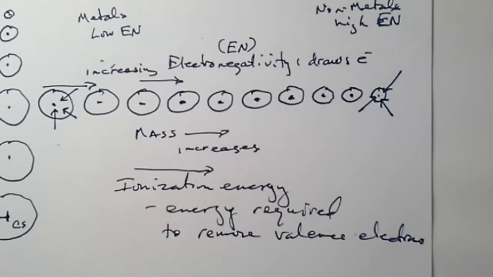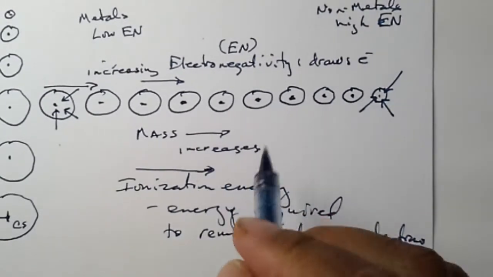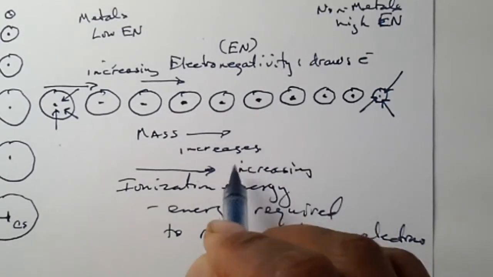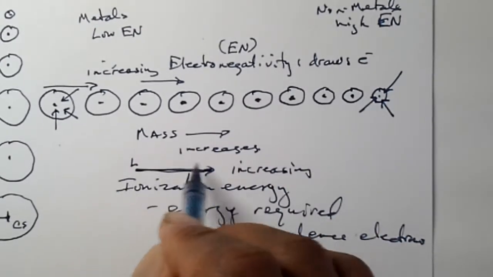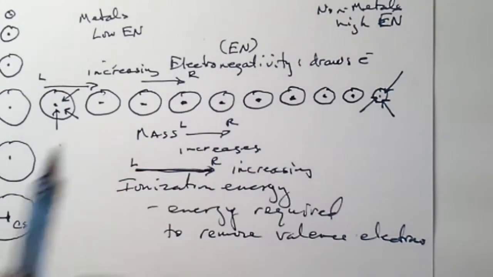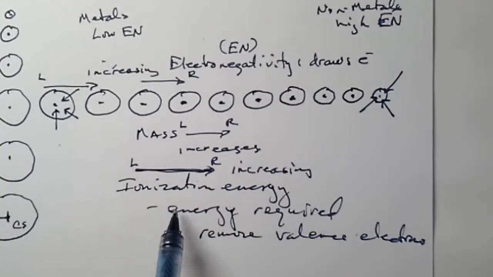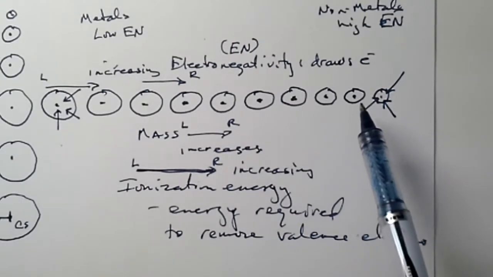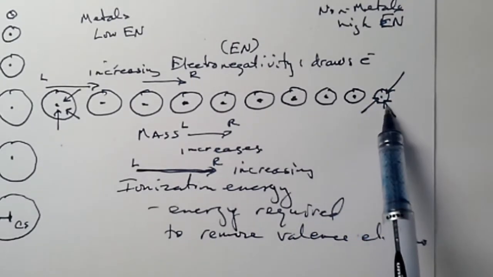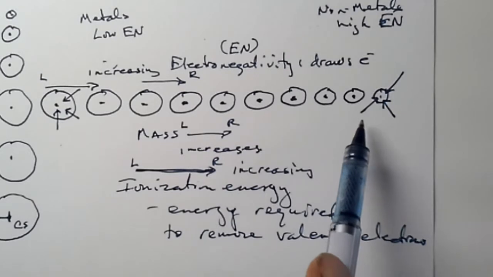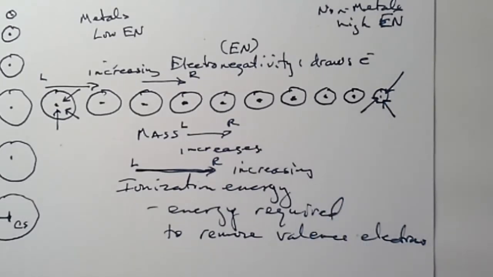So the energy required increases as we move from left to right. Ionization energy increases because elements that tend to be more electronegative, drawing the electrons towards it, also require more energy to pull those electrons away.